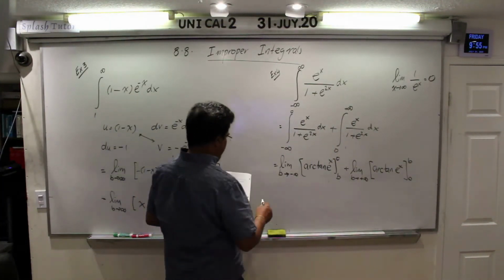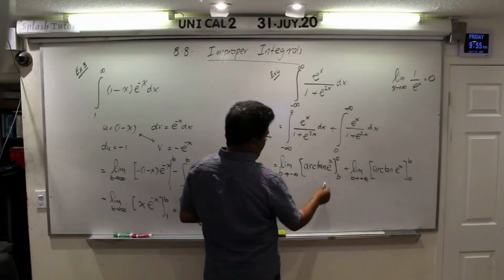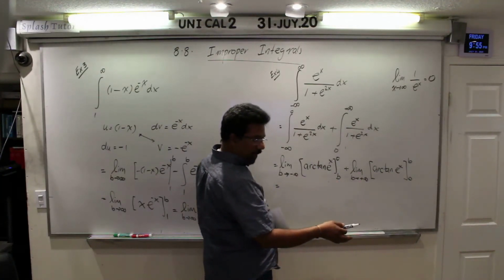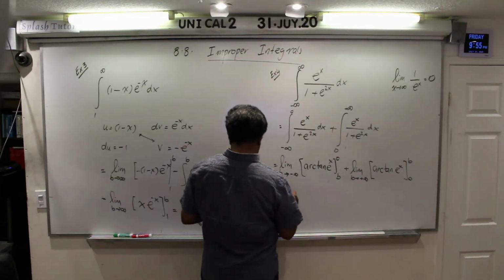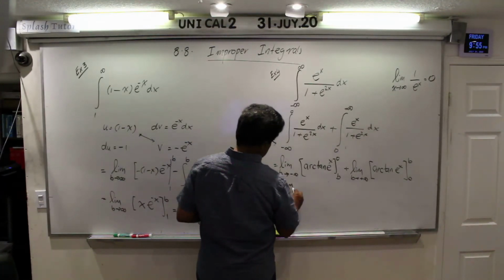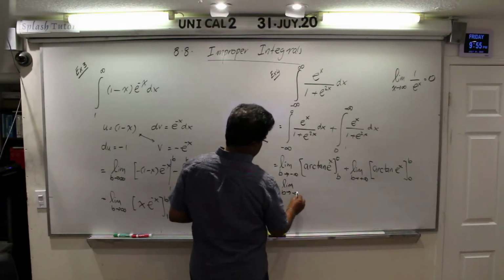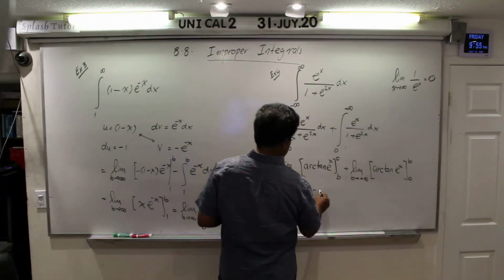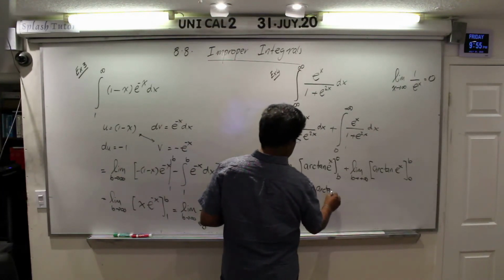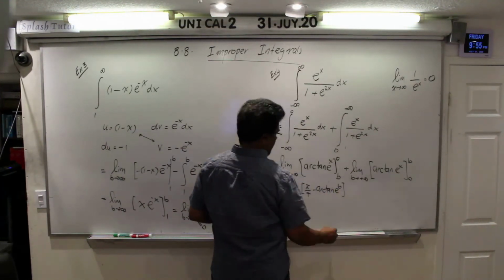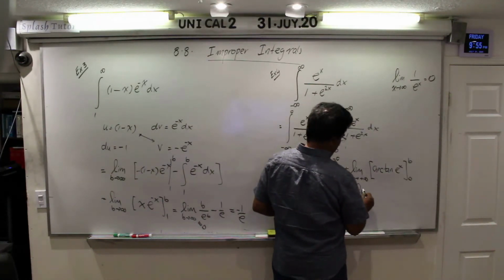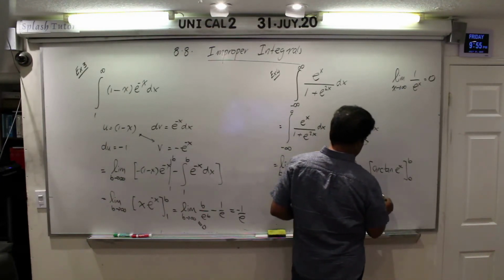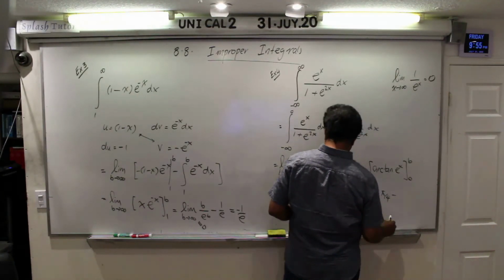Now when you plug 0 here, e to the power 0 is 1, arctan 1 is pi by 4, right? So that is the limit as b goes to minus infinity of pi by 4 minus arctan e to the power b, plus the limit as b goes to plus infinity.